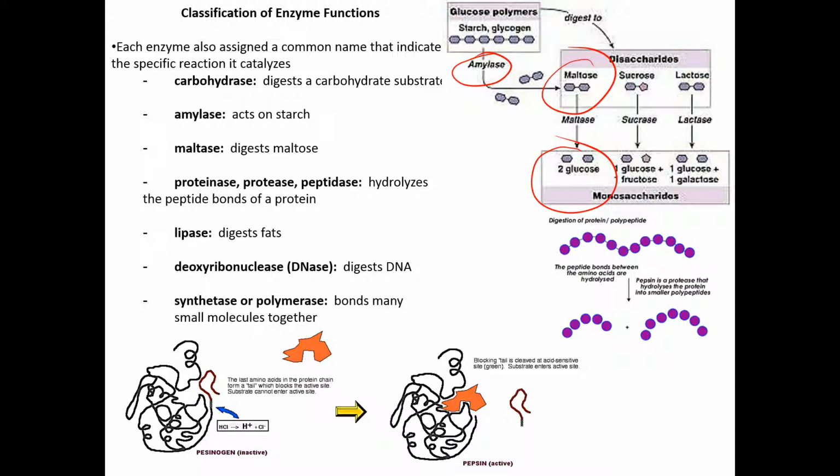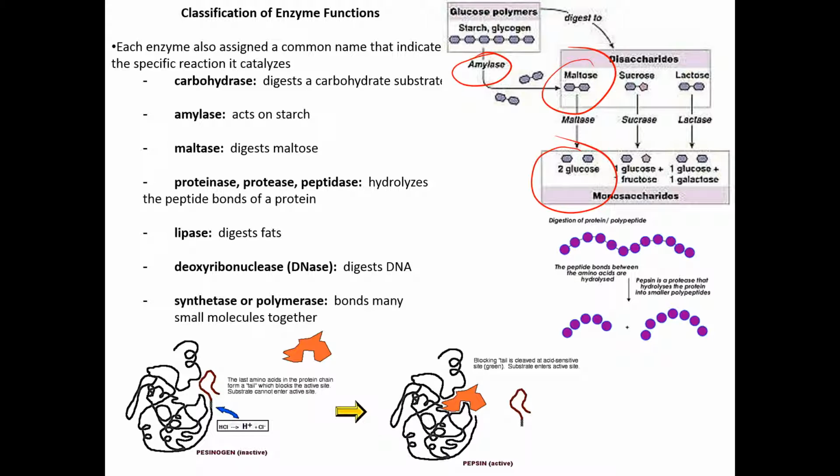You have lactase as the enzyme that targets lactose, with glucose and galactose as products. You also have proteinases, proteases and peptidases. All of these target proteins. When you talk about digestion of proteins, you have proteases and peptidases that target the peptide bonds that hold together your amino acids.